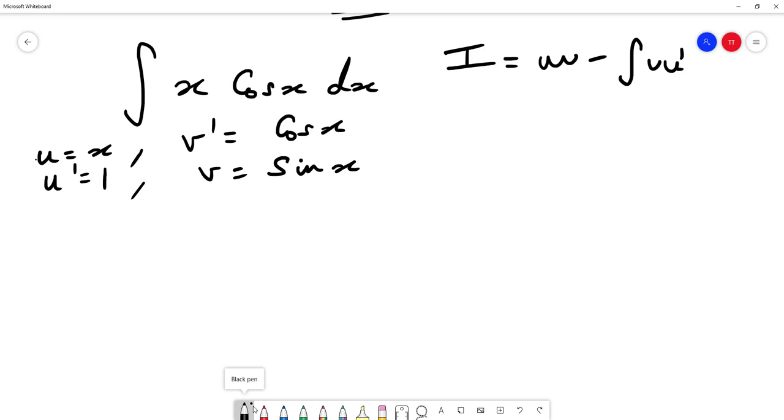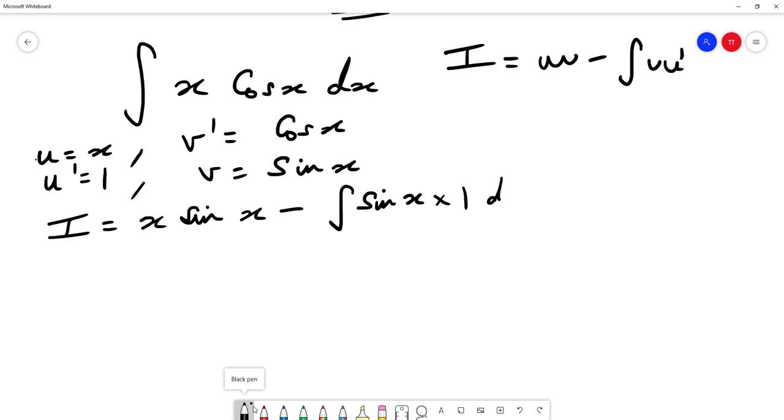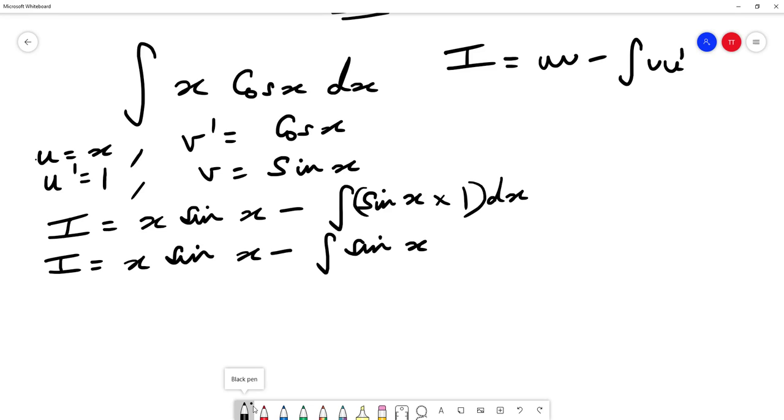So we're going to say that I is uv, which is x sine x, minus the integral of sine x times u dash, which is 1 dx, right? So we get I is x sine x minus the integral of sine x dx.